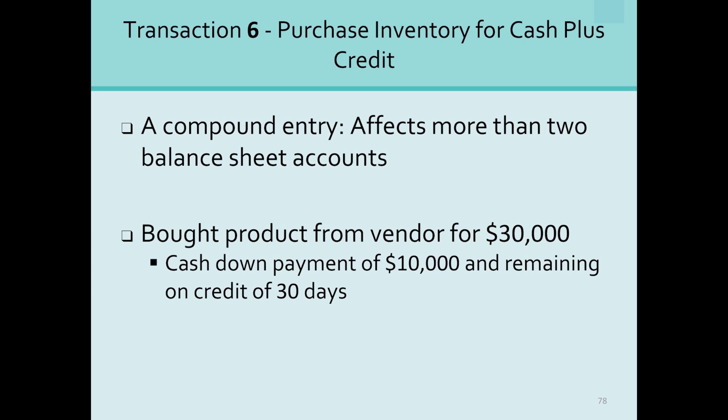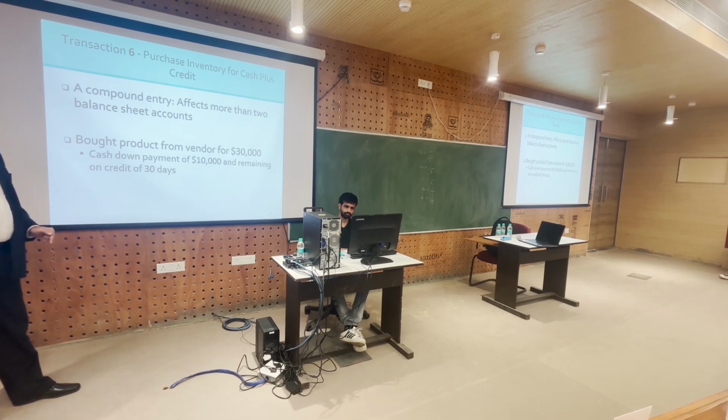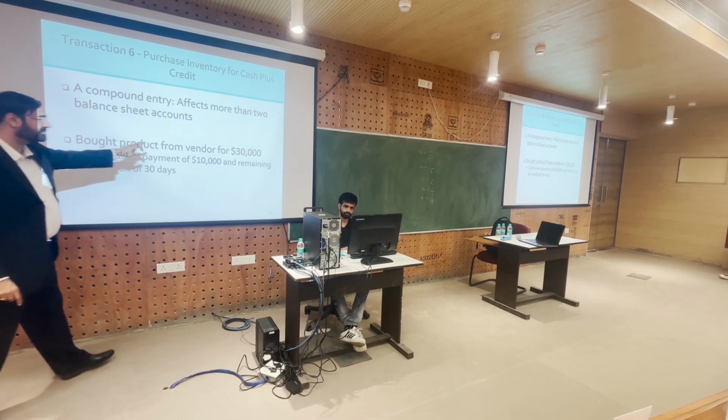Bought product from vendor for 30,000. What is the entry? The agreement is down payment of 10,000 and balance 20,000 after 30 days. Can you see that? This is a compound entry. Why? Because inventory is going up by 30,000.